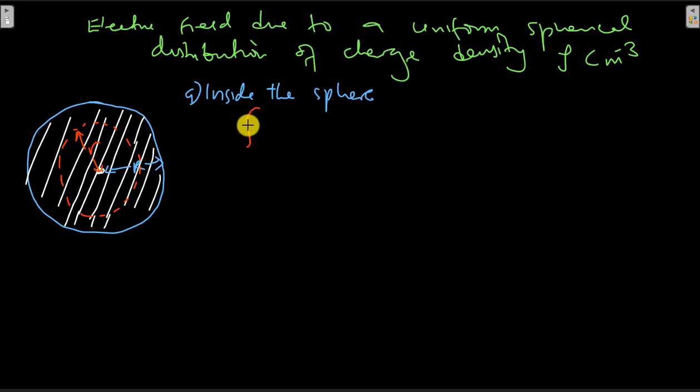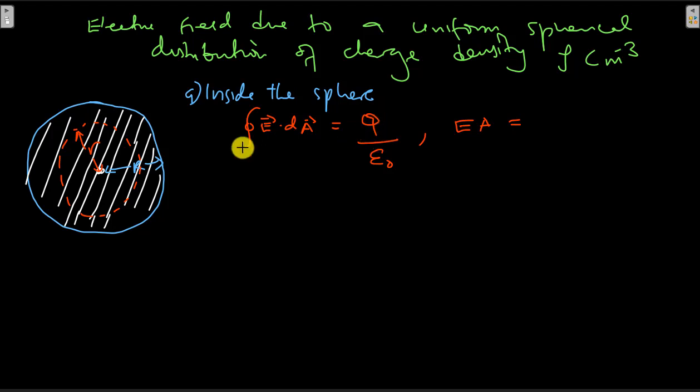By Gauss's law, the total flux of E dot dA is given by the total charge enclosed divided by epsilon naught. The integral of E dot dA is EA, since there is symmetry and the angle is 0 degrees everywhere, because the electric field is radial. The vectors E and dA are parallel in this case.